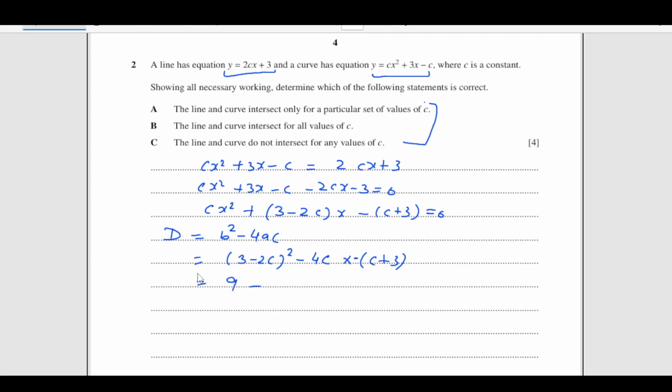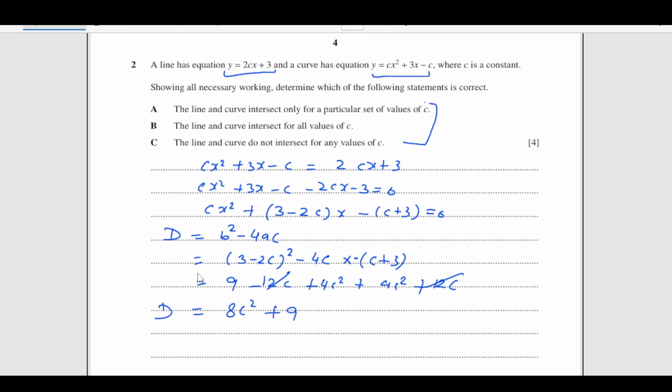Okay, so just expand the bracket: 9 minus 12c plus 4c squared plus 4c squared plus 12c. The 12c and 12c cancel. So we have the discriminant here 8c squared plus 9.